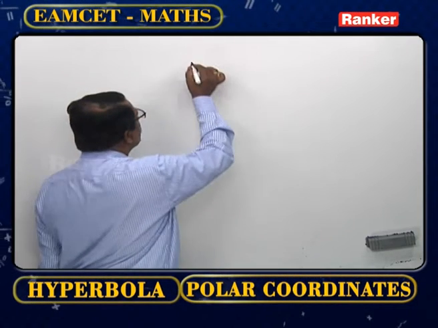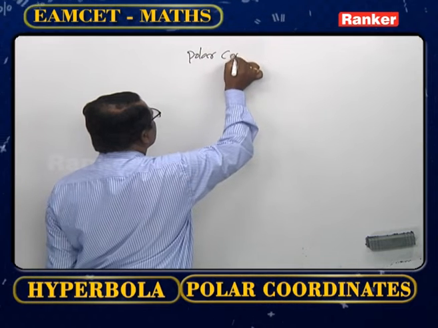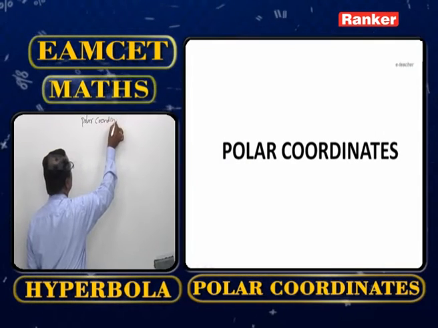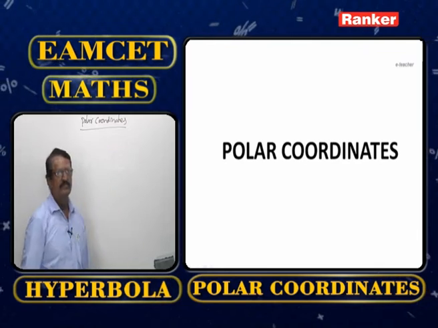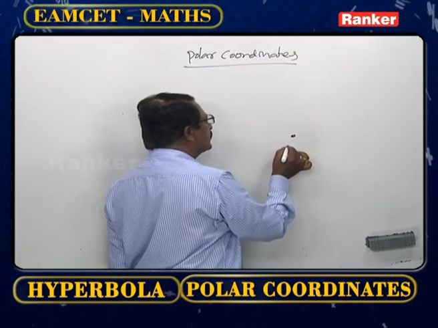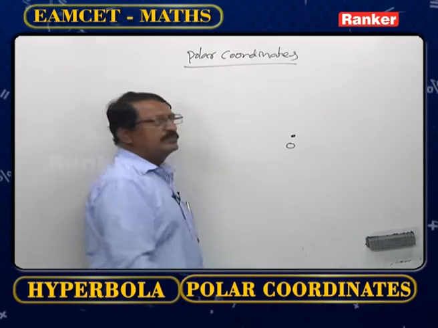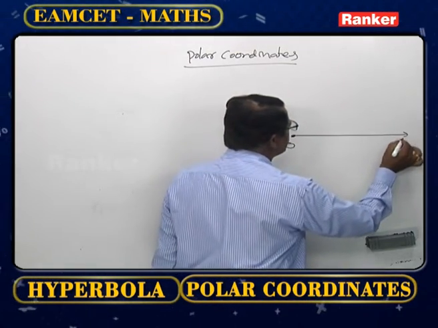Next, polar coordinates. Consider O as the origin. Now the positive x-axis.